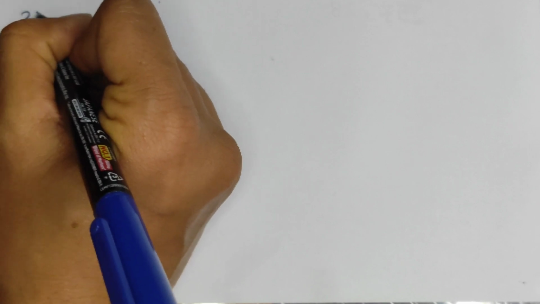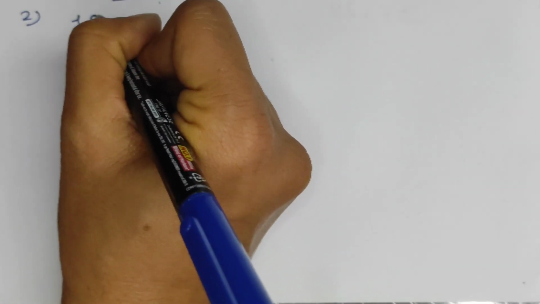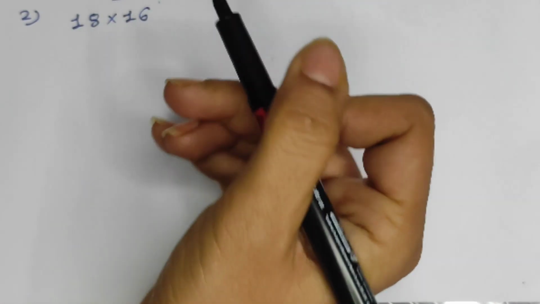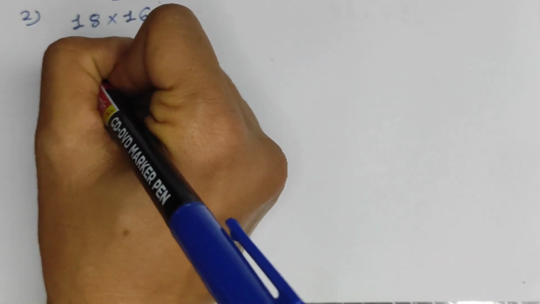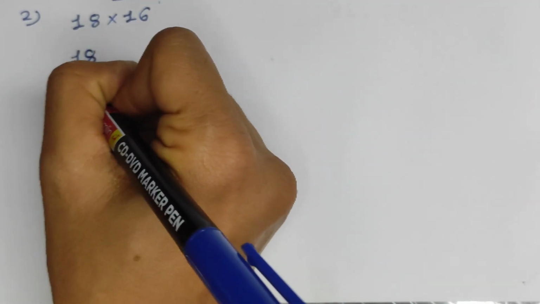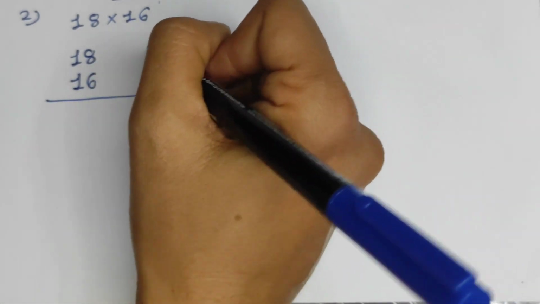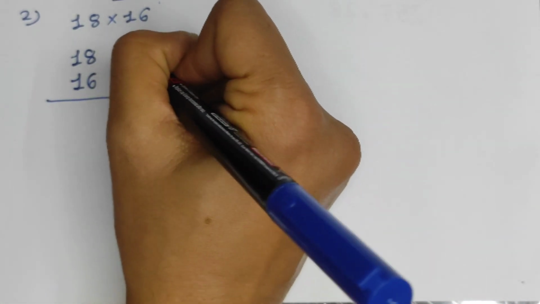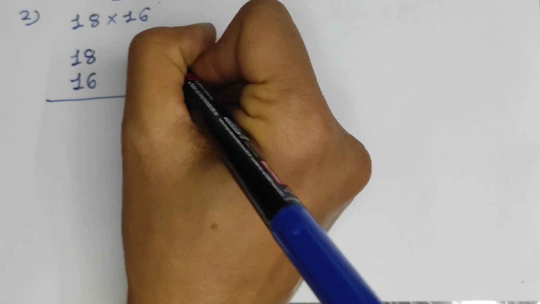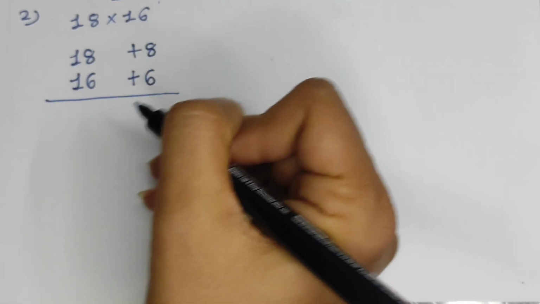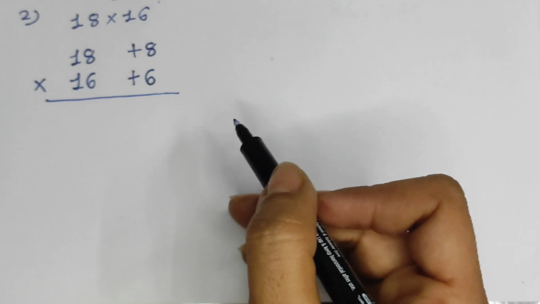We take another example: 18 multiply 16. We write down this multiplication and also write on the right side the deviations. We do multiplication.